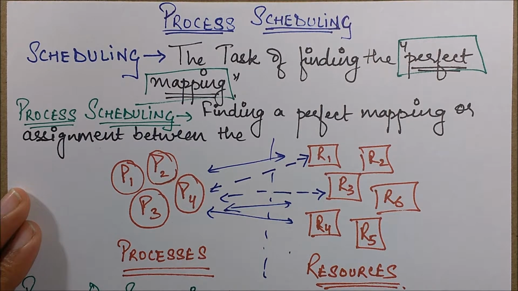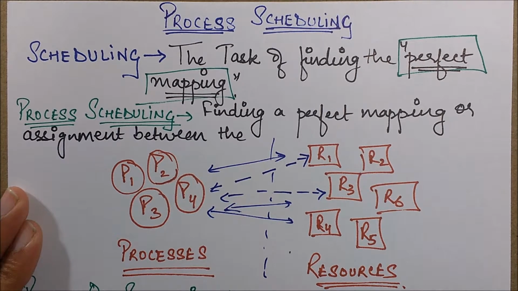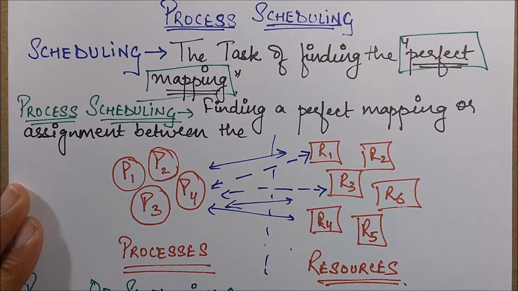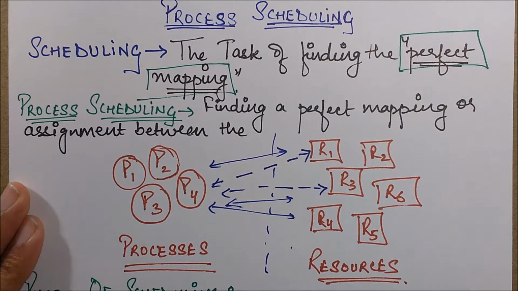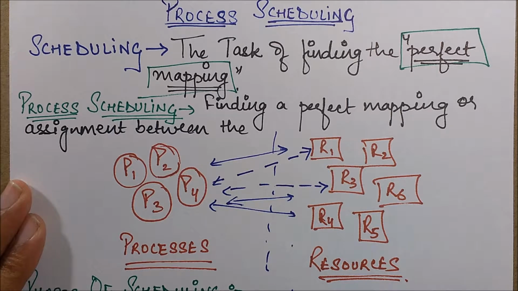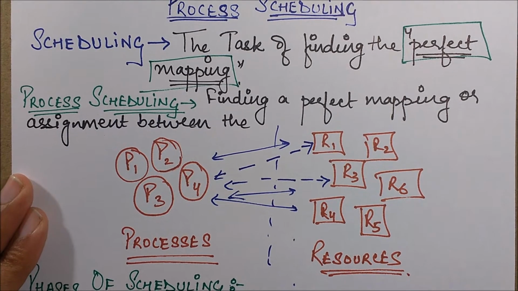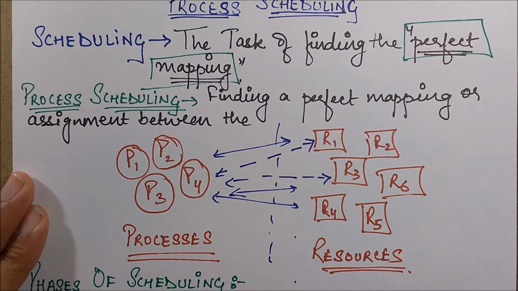When we say processes, the main resource that processes need is the CPU, so the CPU should be utilized to the maximum extent. The best manner in which the CPU is assigned to various processes and used is known as process scheduling, and it is the main motive.